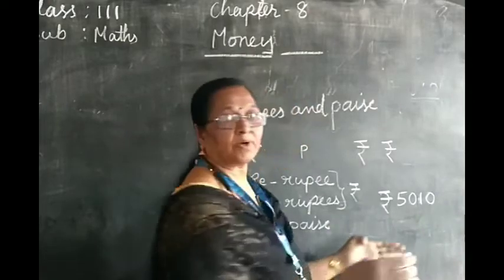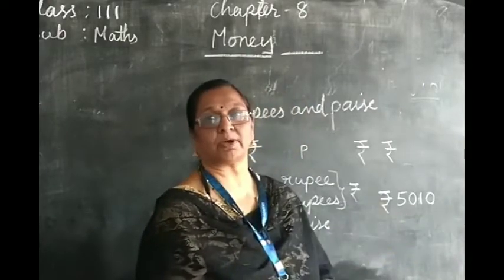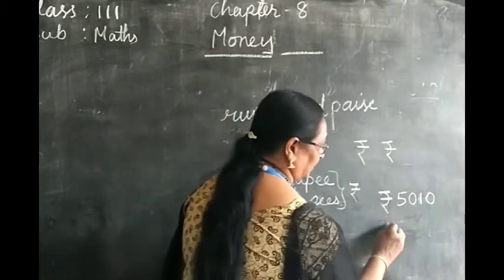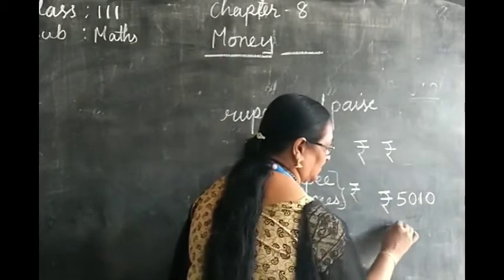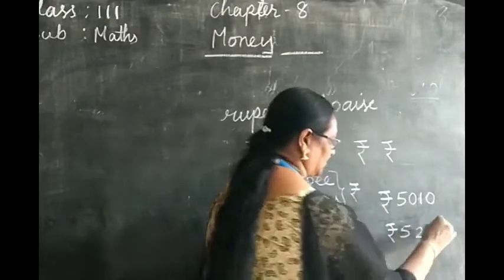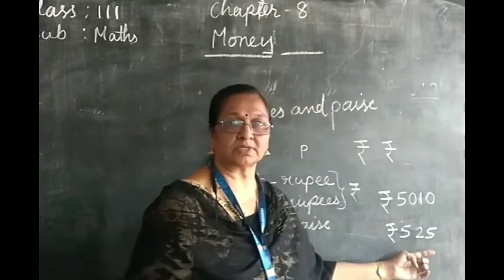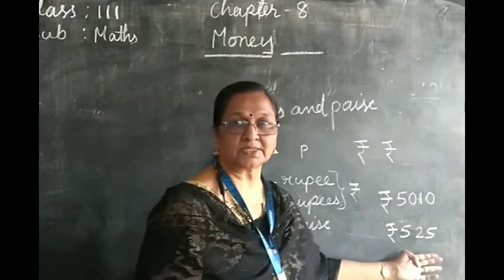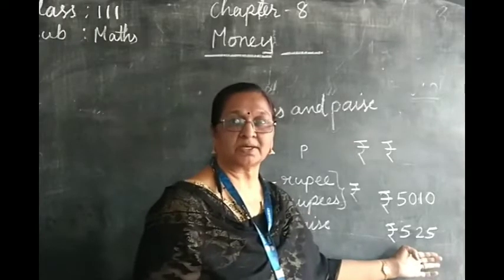Just once again, if I want to write 5 rupees 25 paise, how to write here? 5, 25 paise. If I write like this, how is it read? Rupees 525. There is no paise. To make it into paise, what we have to do?